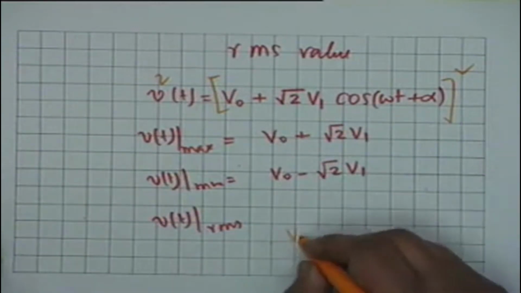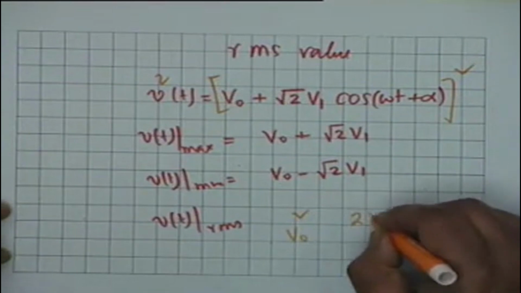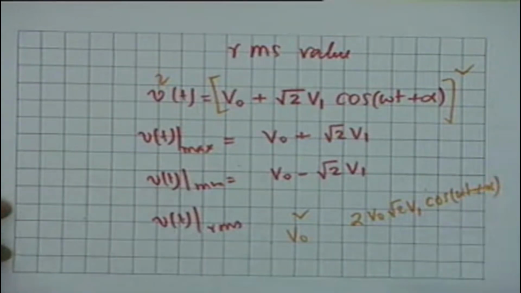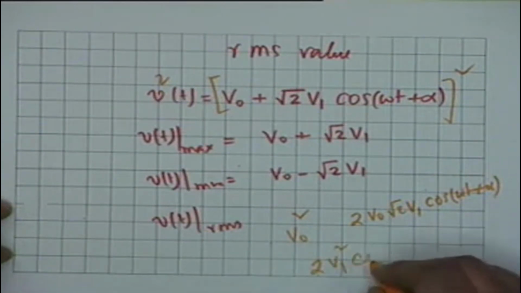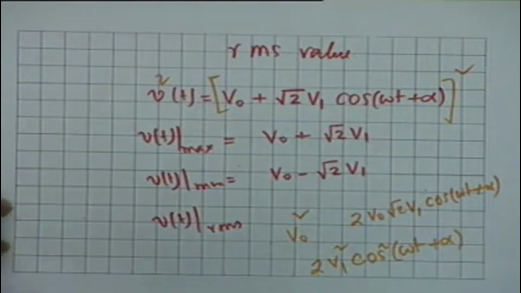So it shall have a term V0 squared, it shall have a term twice V0 times root 2 V1 cosine of omega t plus alpha, and it shall have a third term which is twice V1 squared cosine squared omega t plus alpha. And to find, is that okay?